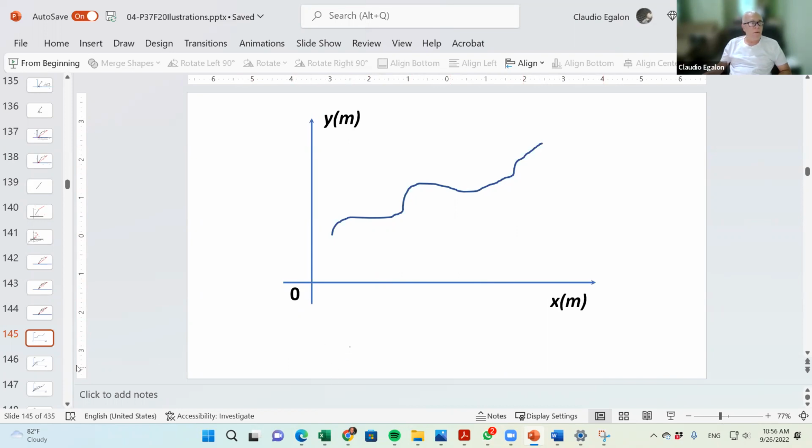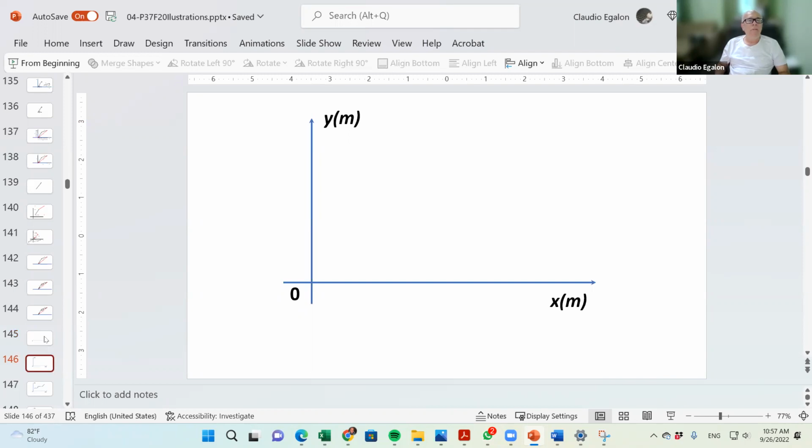Let me make it even simpler. We started with the X axis, and then we added the Y axis to illustrate two-dimensional motion.